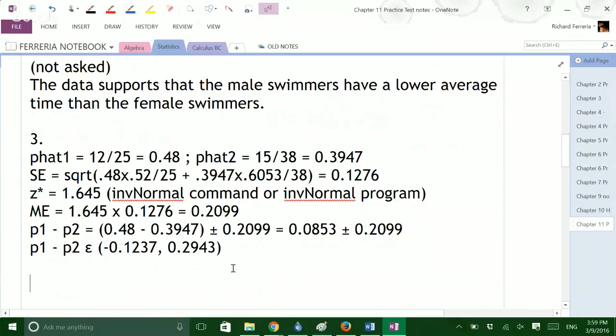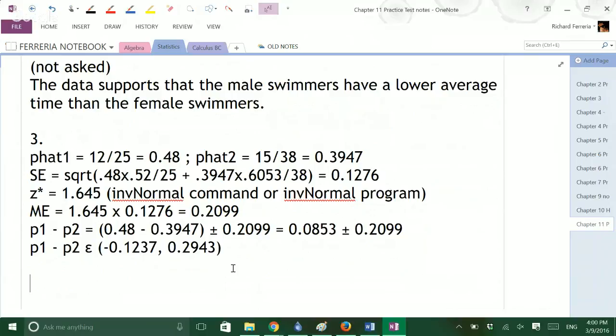Okay, let's take a look at question 4 then. An independent SRS of size 300 is taken from a population having a proportion of 0.5 successes.